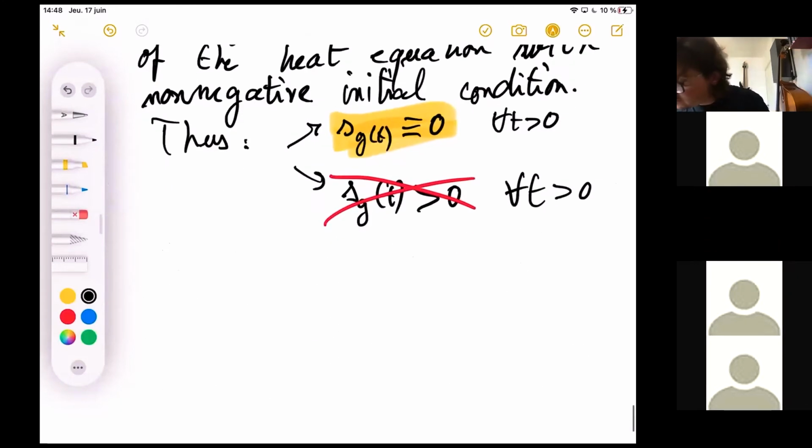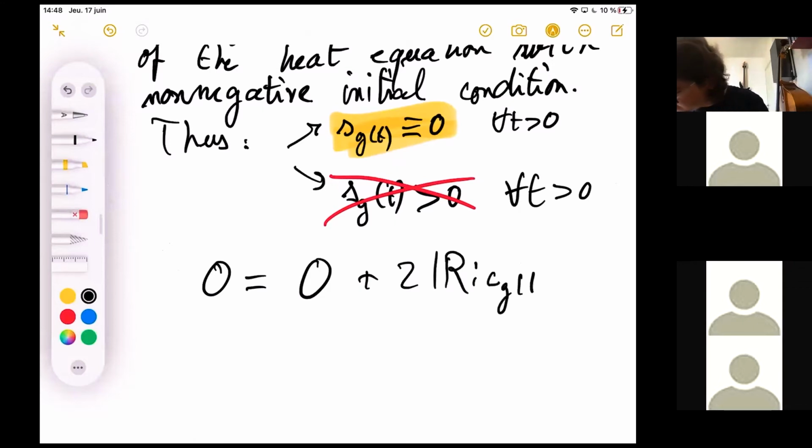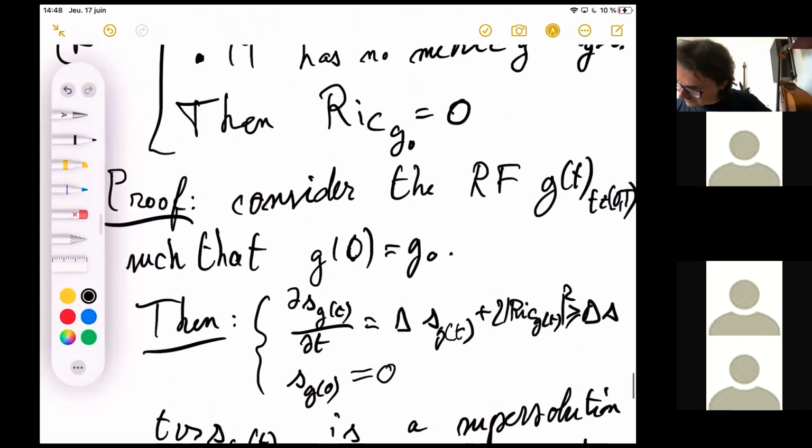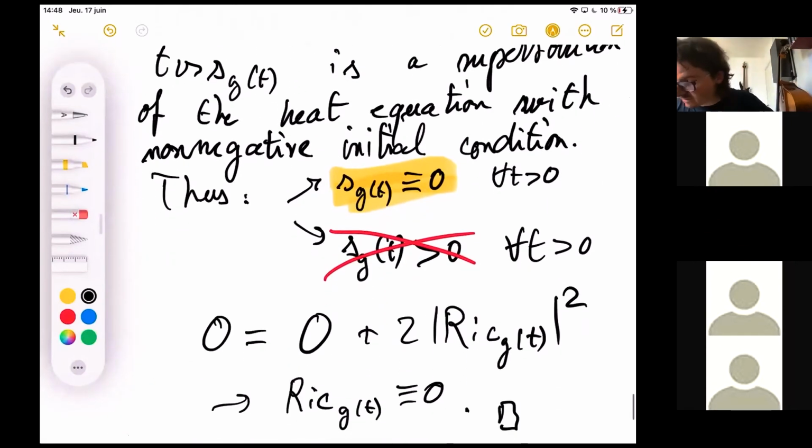The time derivative of the scalar curvature is equal to the Laplacian of the scalar curvature plus twice the norm of the Ricci curvature squared, and the Ricci curvature of g of t is equal to 0, and then you let t go to 0. Nobody's moving once Ricci is equal to 0. Okay, so that gave a proof of a geometric result using Ricci flow and the maximum principle.